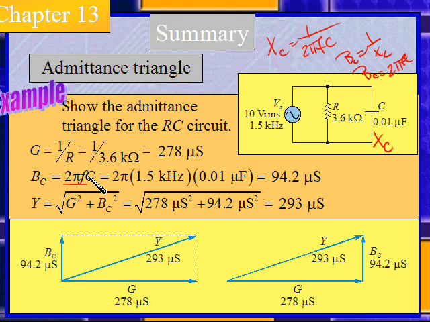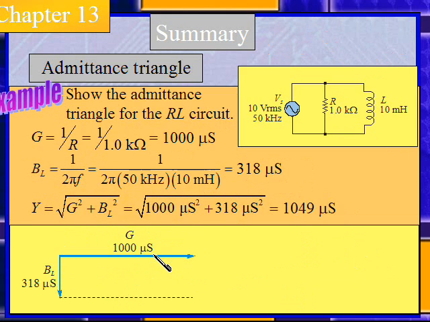So plugging in the numbers, you get, so here we're going to find the susceptance of the capacitor, and we end up with 94.2 microsiemens, and the admittance is the square root of G squared plus BC squared, which is exactly the same formula as our impedance, only you're using the 1 over numbers. And so we get a total of 293 microsiemens. And here is our triangle, 94, etc.